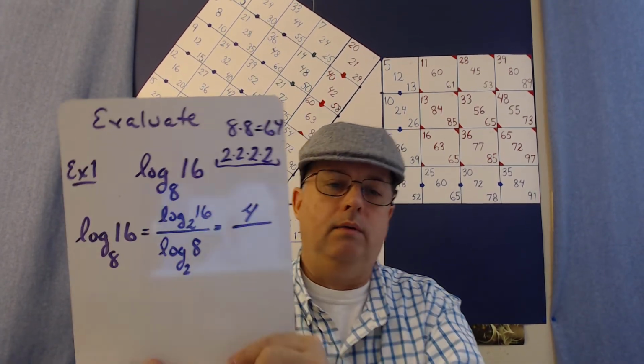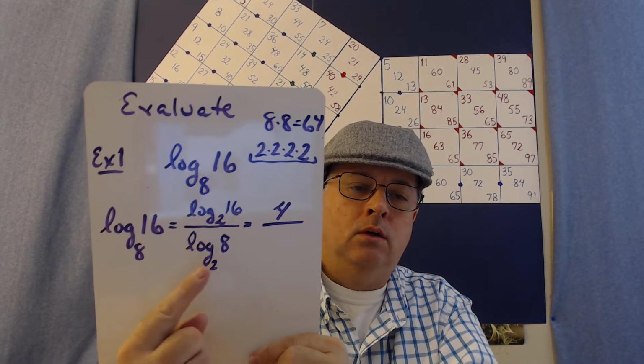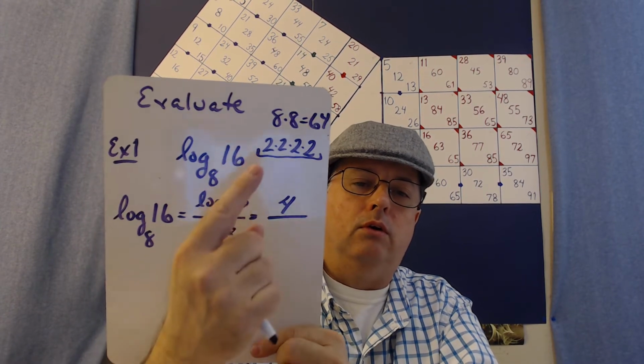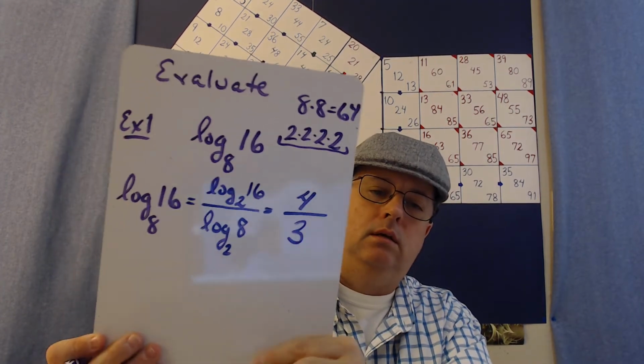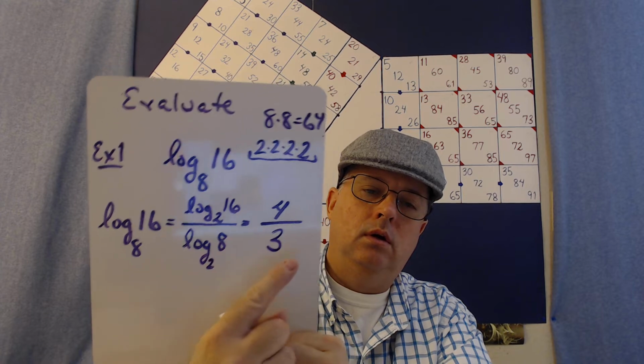So it's 2 to the 4th. That's 16. And 2 to the 3rd, right? 2 times 2 is 4, times 2 is 8. 2 to the 3rd gives us 8.